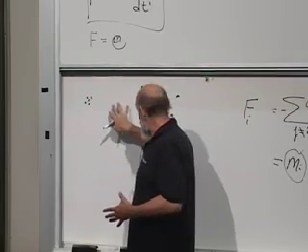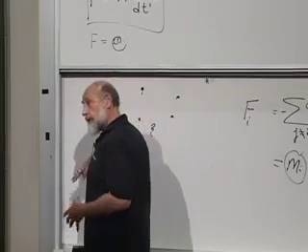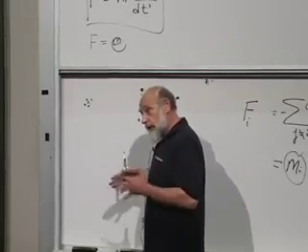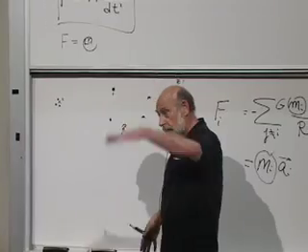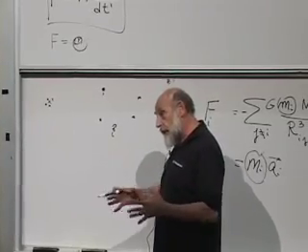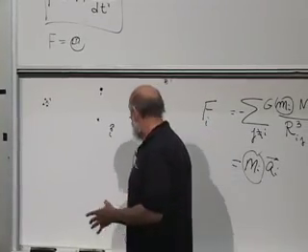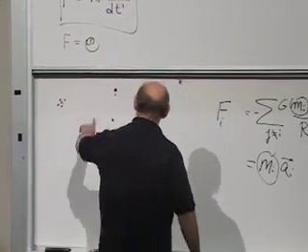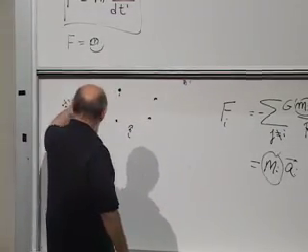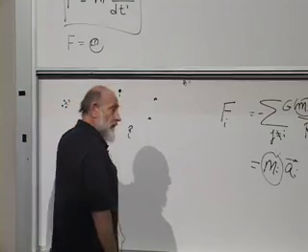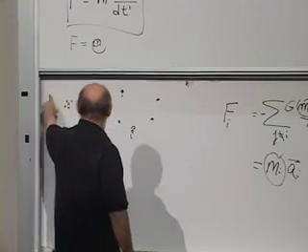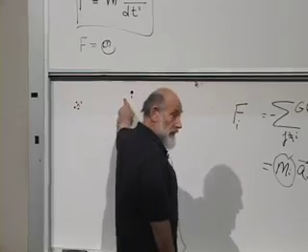Now the force depends on where you are relative to the objects that are exerting the force. It was only in the flat Earth approximation where the force didn't depend on where you were. Now the force varies, so it's smaller when you're far away and larger when you're in close.